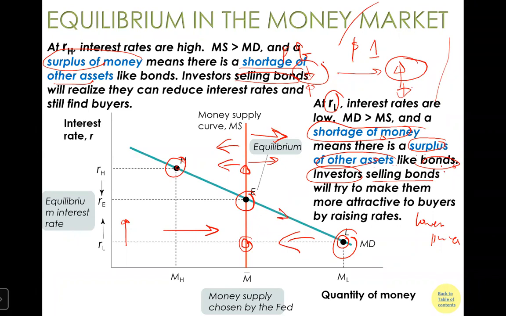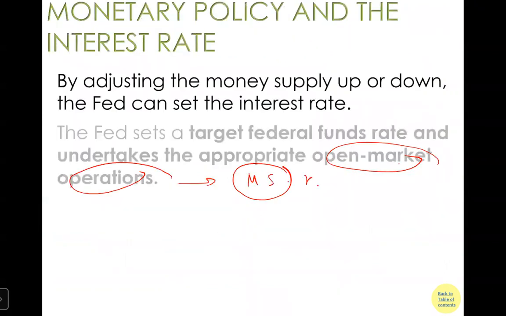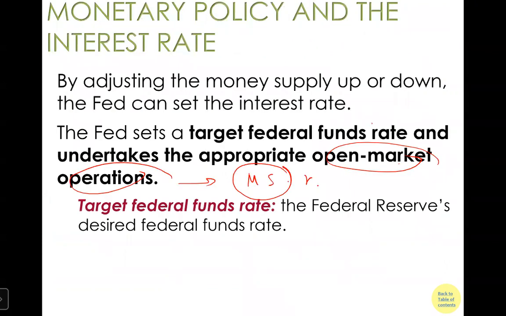If the Fed sells bonds, that's going to reduce money supply, and that's going to increase the interest rate. So that's how the Fed affects the interest rate, and finally reaches their target federal funds rate. Remember, what is the federal funds rate? The federal funds rate is the rate at which banks can borrow from each other.